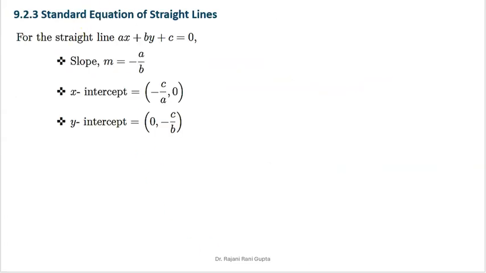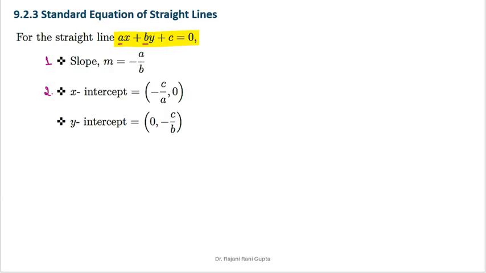Another thing that you should know is that the standard equation of line is always given as ax plus by plus c equal to 0. So if the line is given in this form, you have options to find the slope, x-intercept and y-intercept as I explained in the other video, or you can directly remember these rules. For slope, m is equal to minus a over b, the coefficient of x over the coefficient of y.